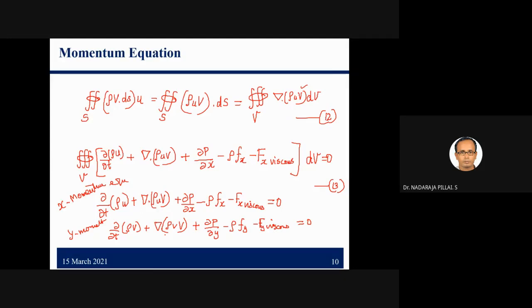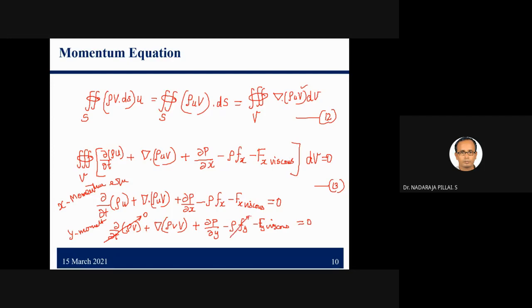Now in this equation, if the fluid flow is steady, then this becomes 0. Then let us say the body force is 0.